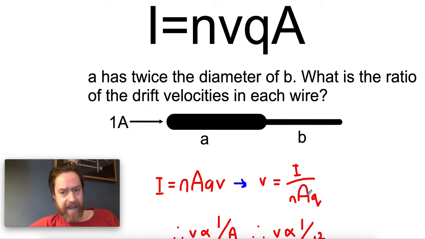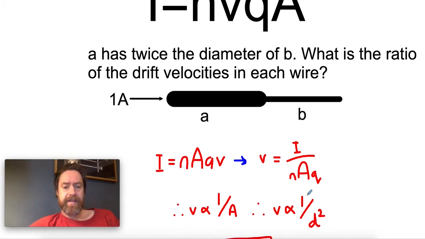But obviously the areas will be different between the two wires. Now, because the current is the same in both wires, the n is the same, effectively it's a constant, and the q is the same, what I can say is that the drift velocity is proportional to 1 over the area. And because they've given us diameters, we can say the drift velocity is proportional to 1 over the diameter squared.